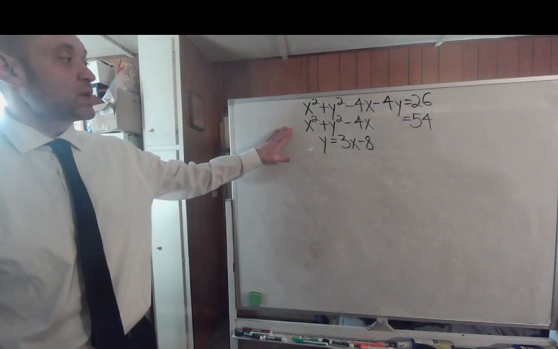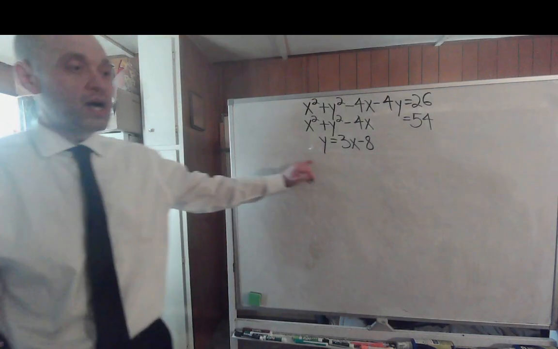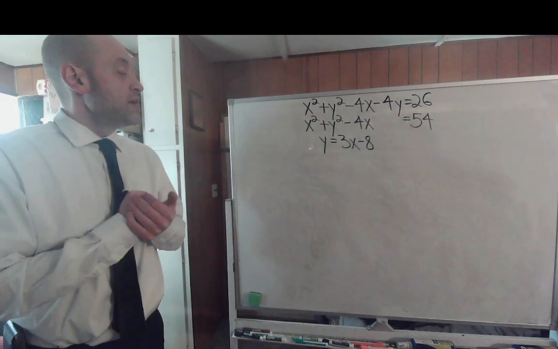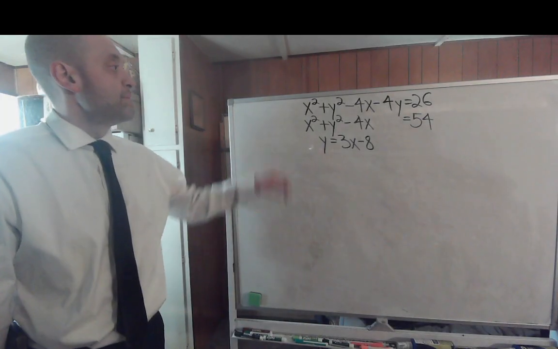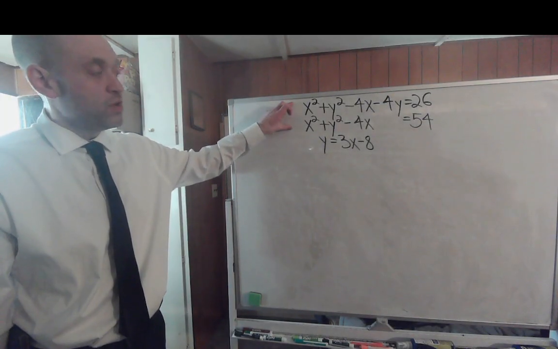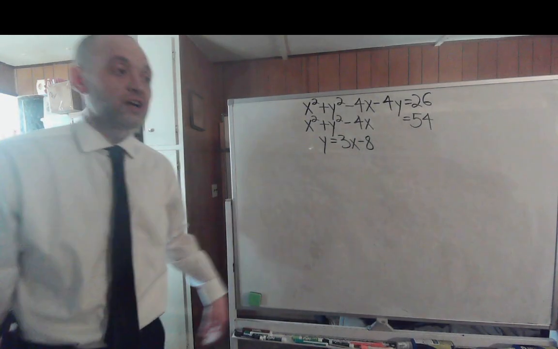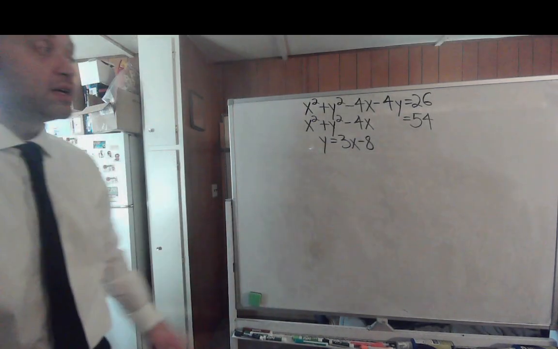We have x squared plus y squared minus 4x equals 54, and then y equals 3x minus 8. So the first two equations are circles, the last one's a line. So we need to figure out where these two circles and a line intersect, if at all.